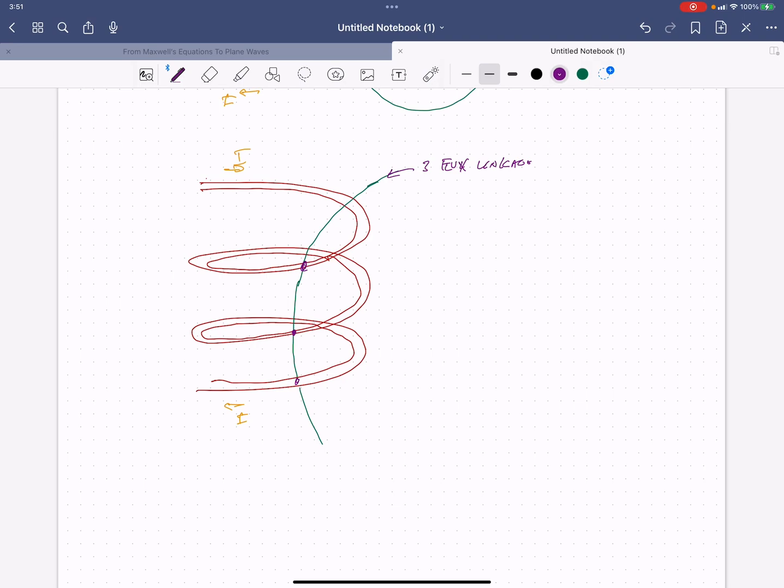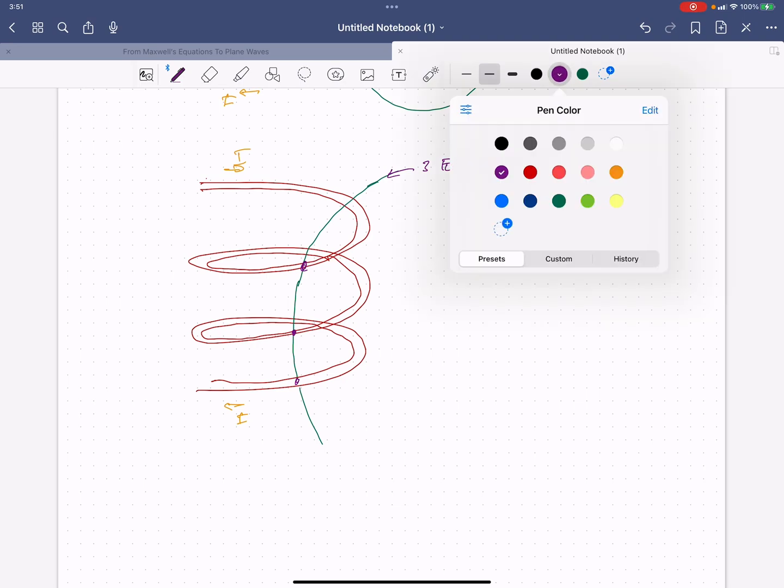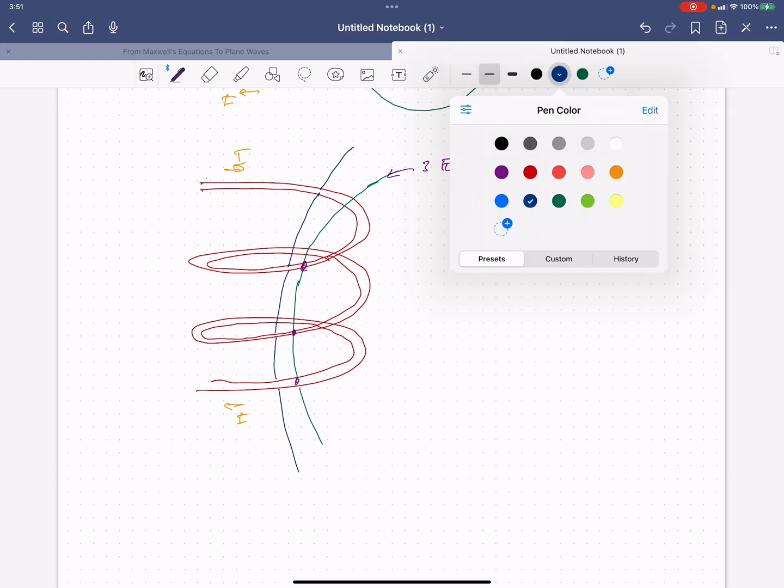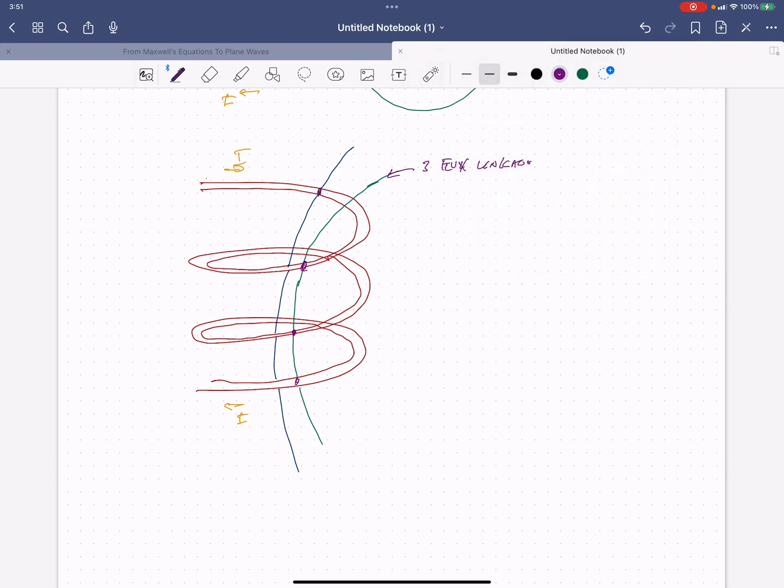Then let me try to draw something that has 4 flux linkages, so it would be another line. It would go around that one, that one, that one, that one. So now we've got 1, 2, 3, 4.